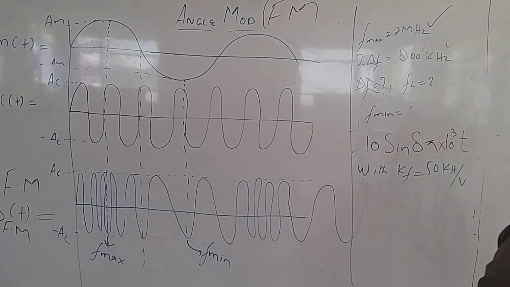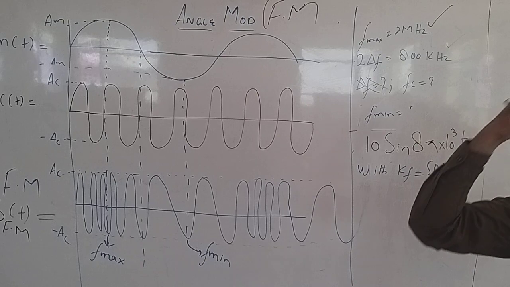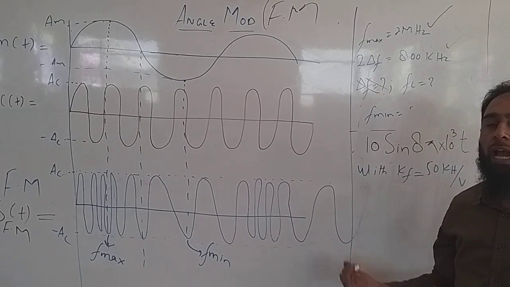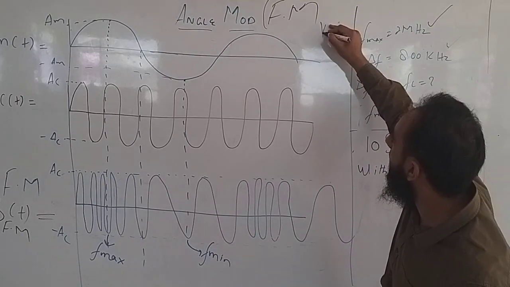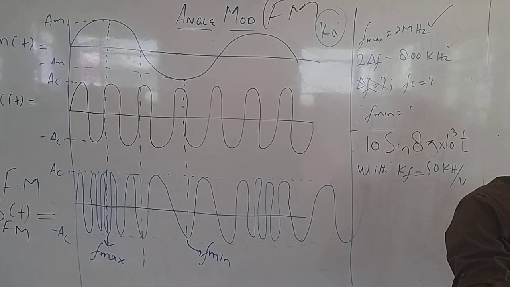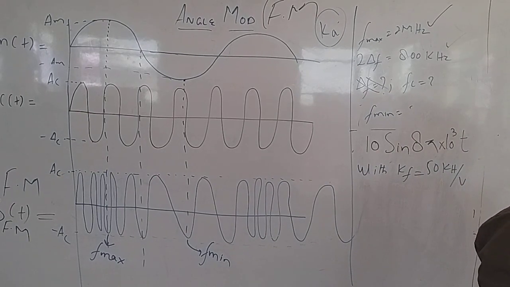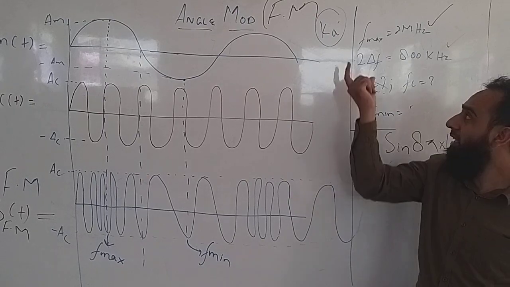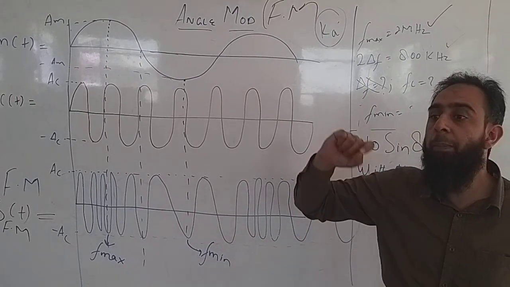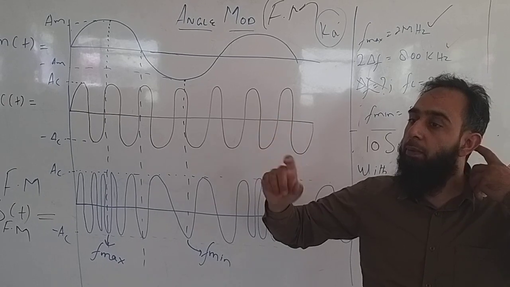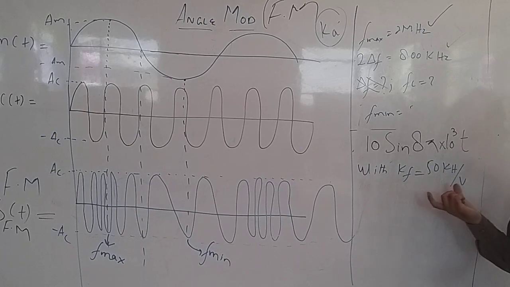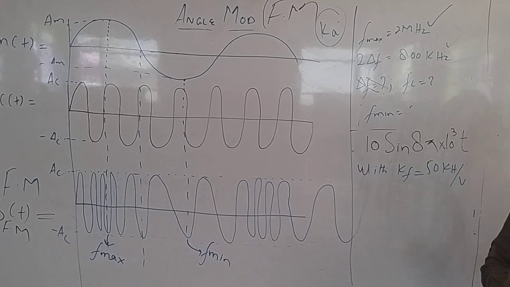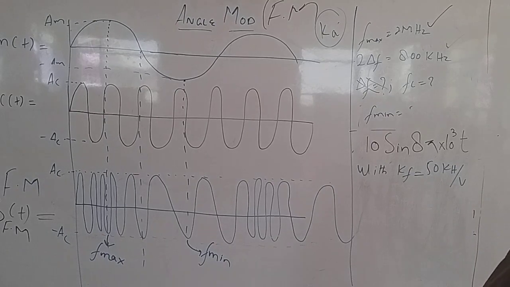I told you last time that amplitude sensitivity Ka for an amplitude modulator identifies how much amplitude changes with respect to the voltage variation of the message signal. Likewise here Kf is a frequency sensitivity and it shows how much of the frequency changes per volt change of the message signal. Okay, fine.